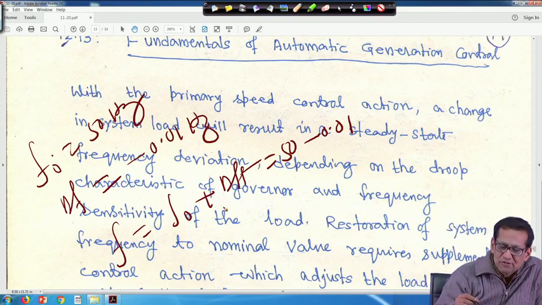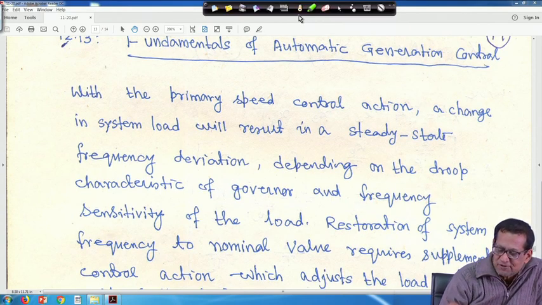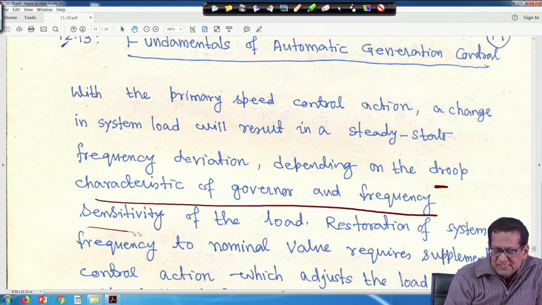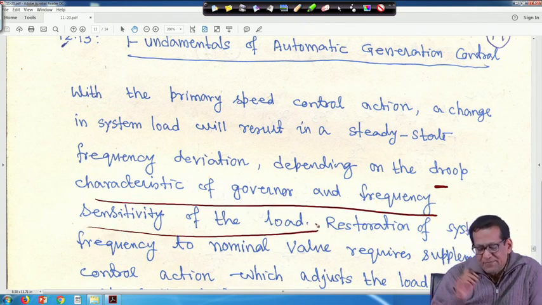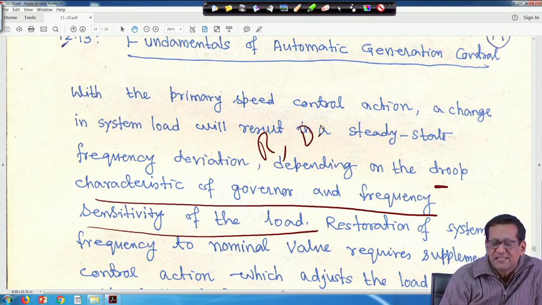It depends on the droop characteristic of the governor and the frequency sensitivity of the load, that is the D parameter. It depends on R and it depends on D.